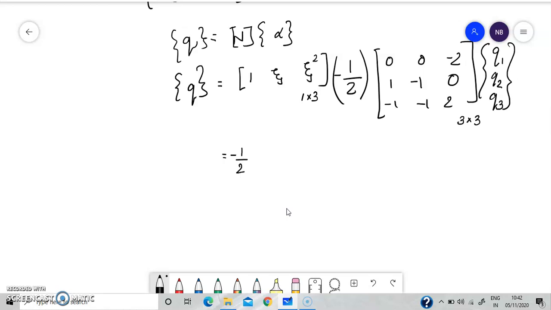So when we multiply these two, we should get 1 row and 3 columns. Let us multiply this and see what we get.